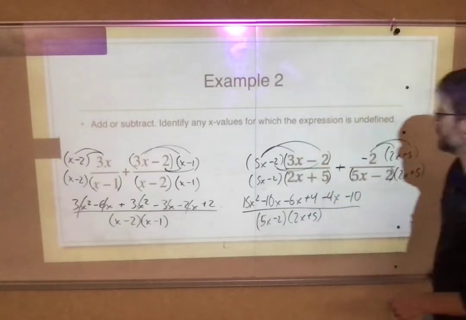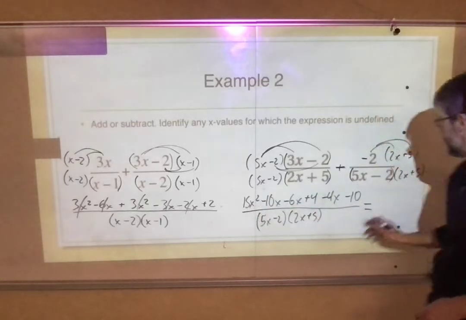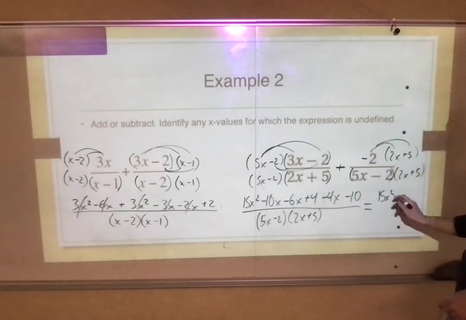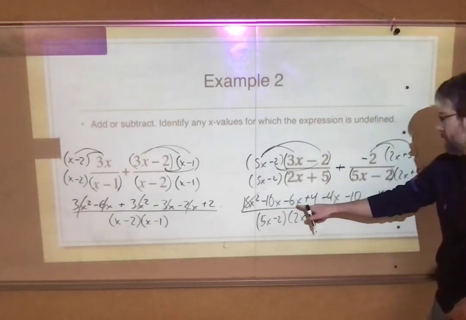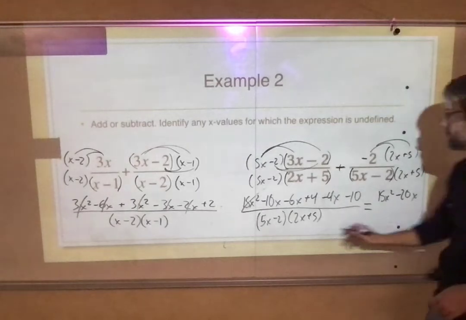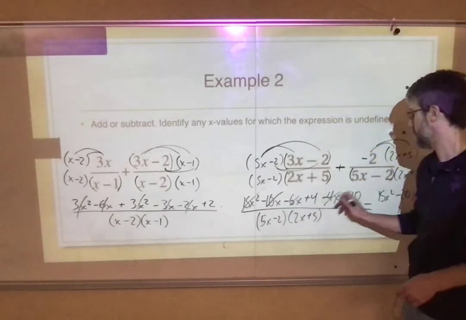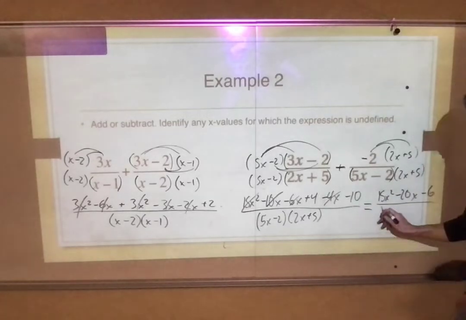Try to make that somewhat neat. All right, combining like terms, x squareds, I just have the 15x squared, nothing to combine with it. Minus 10 minus 6 minus 4 makes a minus 20x. And then 4 minus 10 is a minus 6. And then the denominator we'll leave in its factored form.